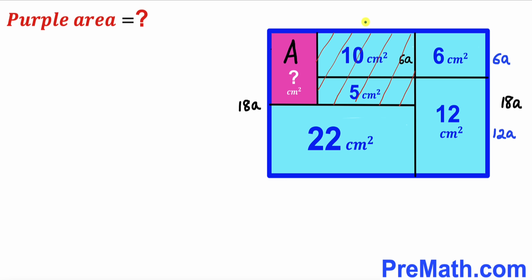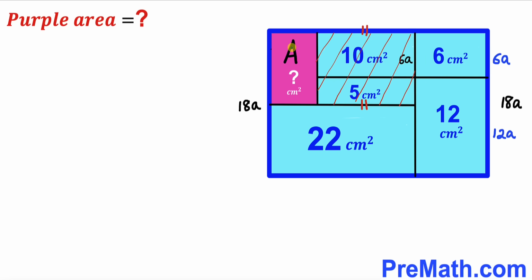Now we are going to focus on these two top rectangles. We can see for both of these rectangles, this side is the same and this side is the same as well. So these sides are constant, and there has got to be a relationship between this side and this side of these rectangles.